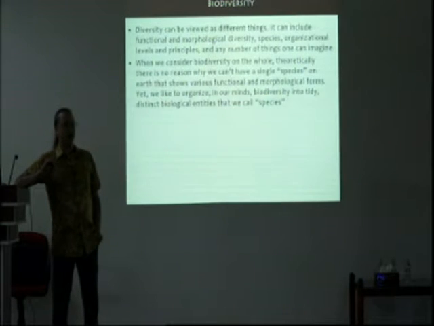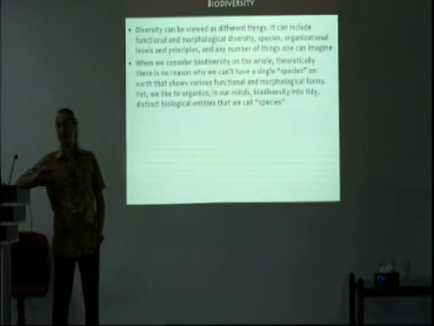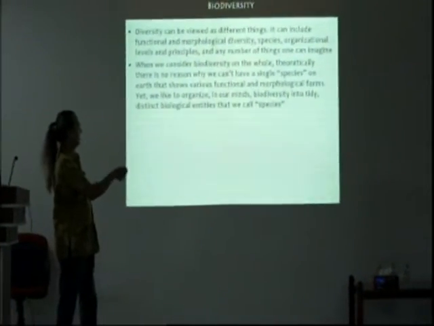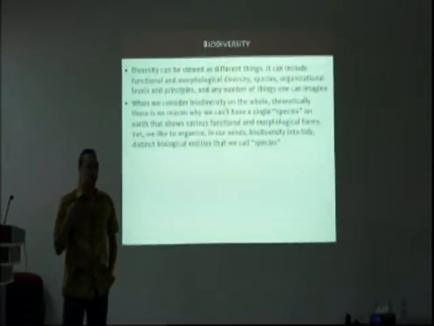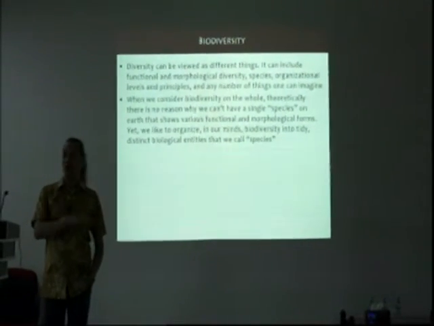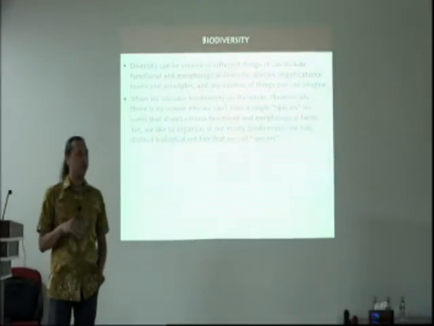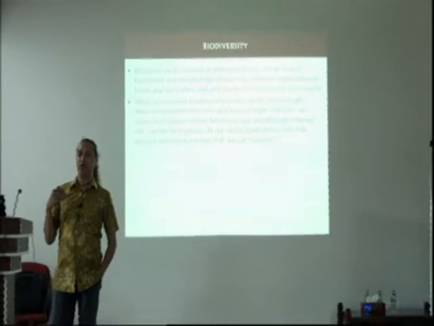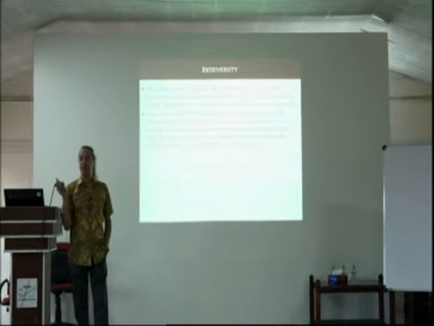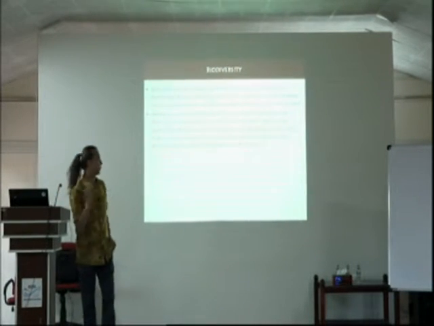If you don't agree, let's go into exactly what species are, and we'll get to this bigger question in some time. But at least for me, theoretically, I can't see any reason why you can't have just one species, a completely panmictic population, which shows different phenotypes at different spatial and temporal scales.